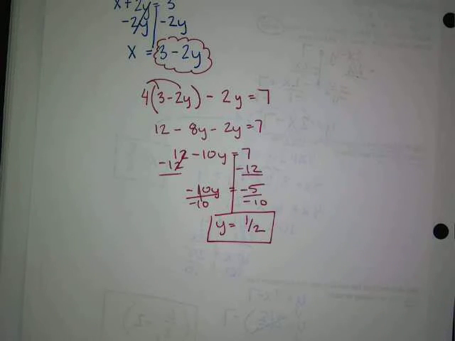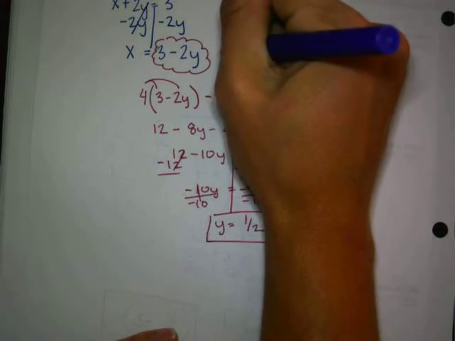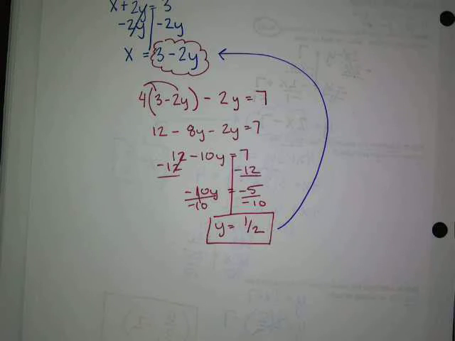Alright, now for the last step, take the 1/2, plug it back into the expression that is bubbled, and write your answer as a coordinate point. What if I put negative 1/2 and it still works? It shouldn't.